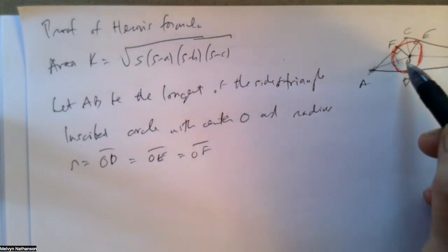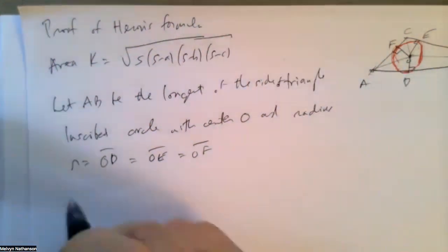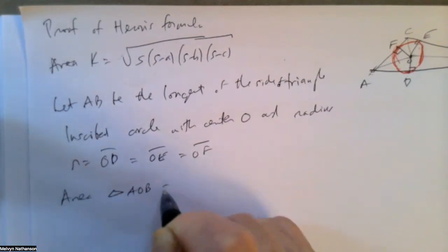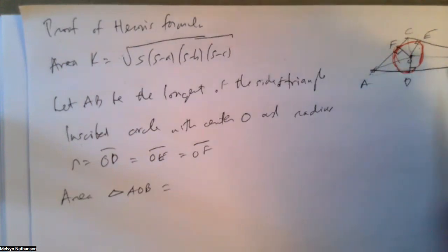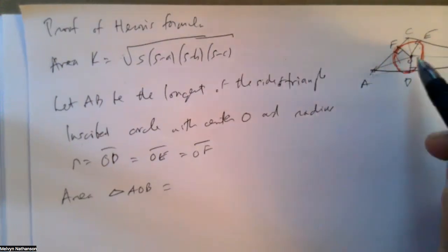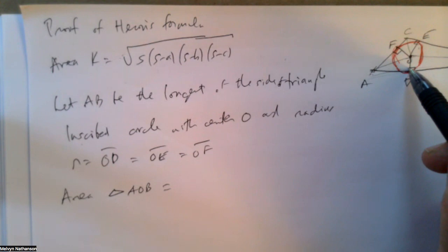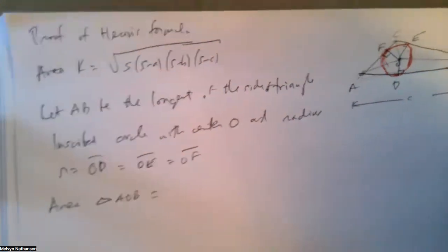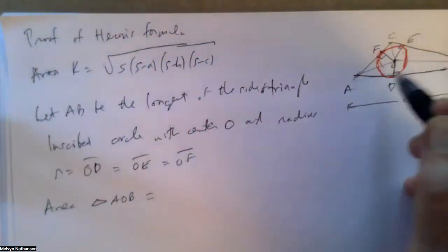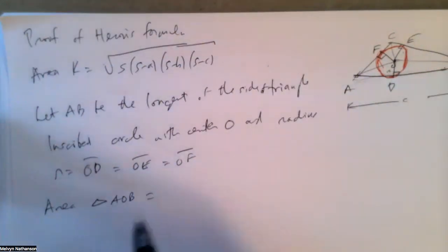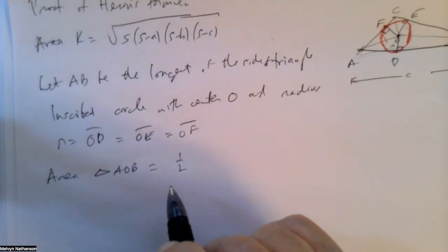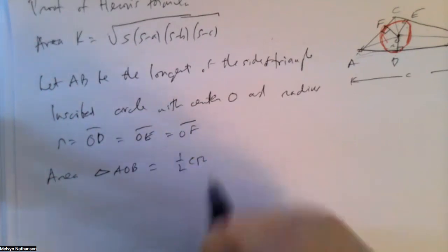Now, if you look at triangle AOB, the base is AB and the height is OD. Let's call this distance little c, and the height is the radius R. The area of triangle AOB is 1/2 the base times the height.